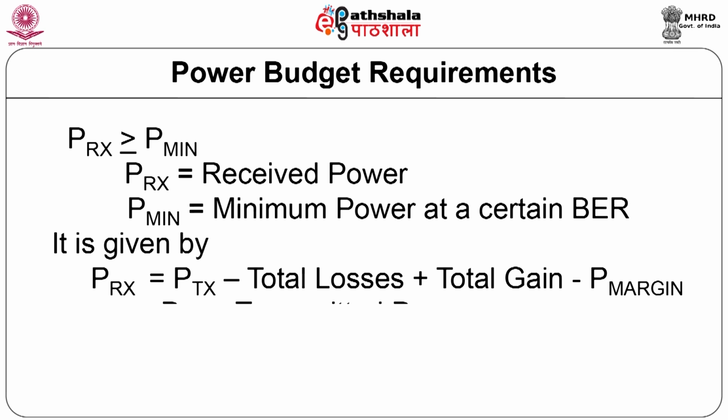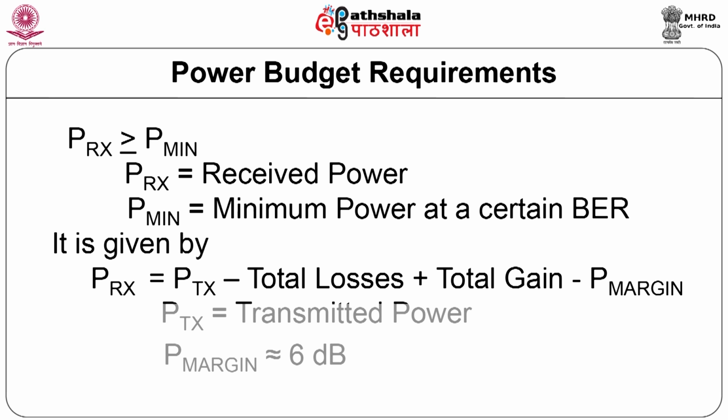Here PTX is the transmitted power. The total losses include the coupling losses, attenuation, bending losses, dispersion losses. All these losses are included in this total losses. Total gain, which is achieved due to the optical amplifiers or electronic amplifiers which are there in the system. And P margin is some offset that is kept, and generally it is 6 dB.